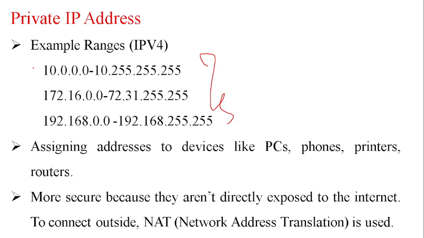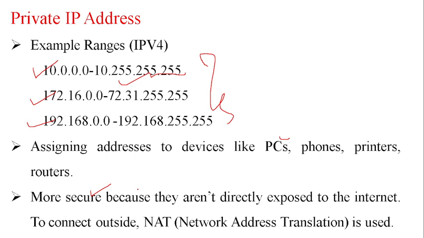This is the 10 range, class A, 10.0.0.0 to 10.255.255.255, this is the 172.16 range, and this is the 192.168 range. These private addresses are normally assigned to PCs, phones, printers, routers within the local area network. These are more secure compared to public IP addresses because they are not directly exposed to the internet.